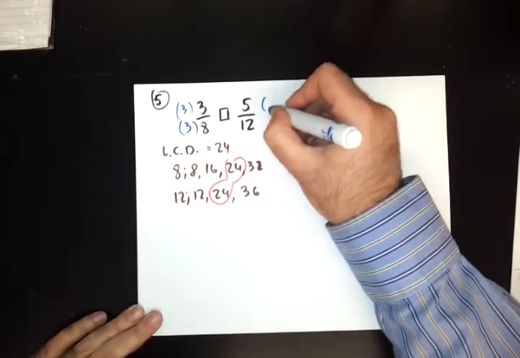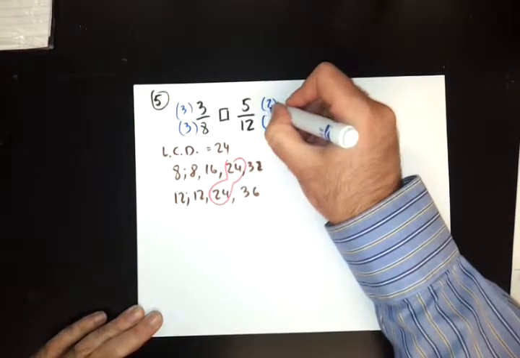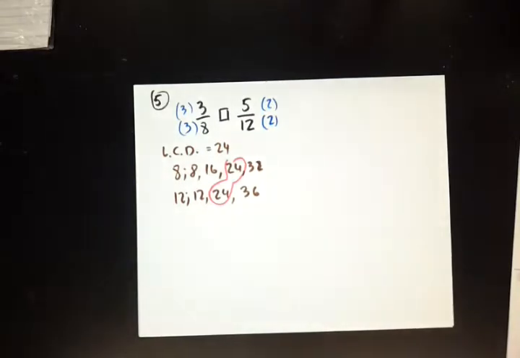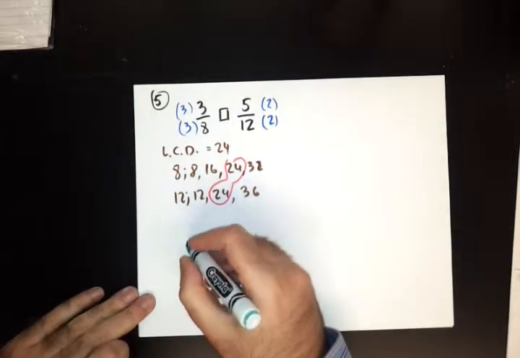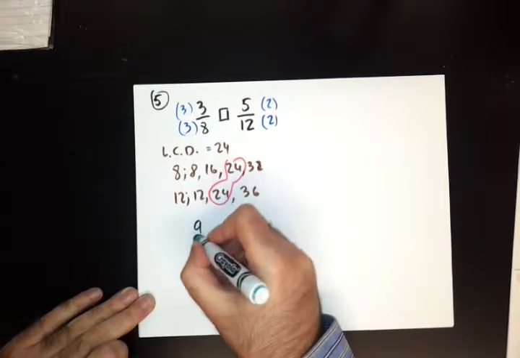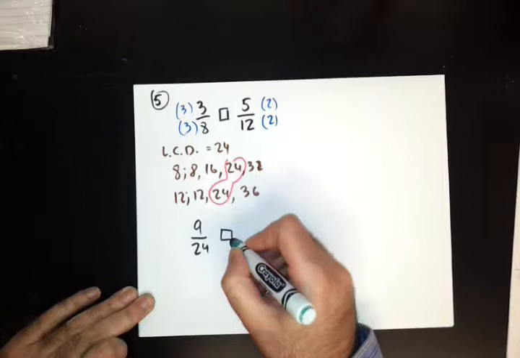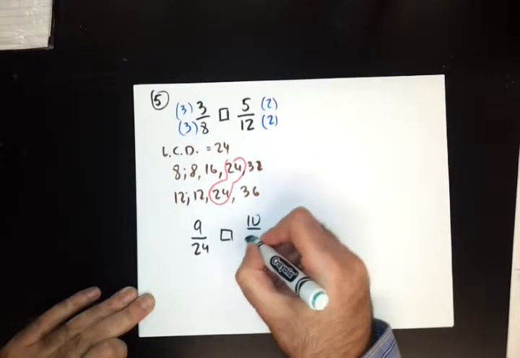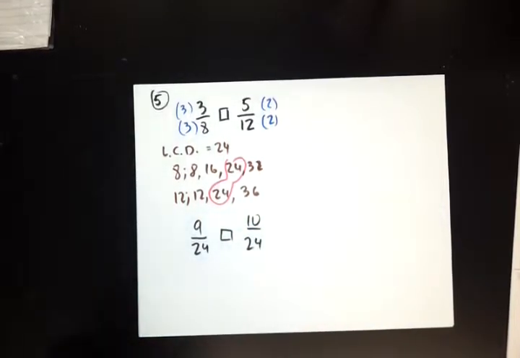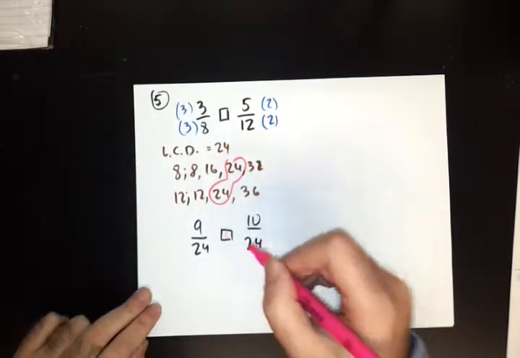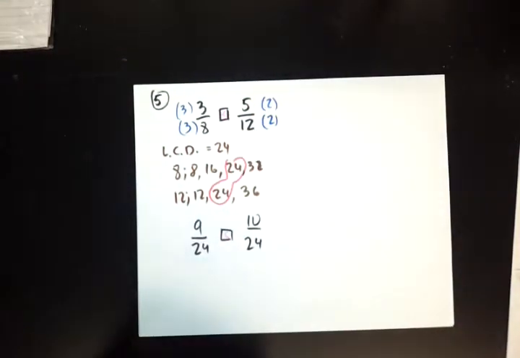I want to multiply the second fraction by 2, because 2 times 12 gives me 24. And my two modified fractions are going to be 9 over 24 and 10 over 24. Very easy to see which one's larger now. The 10 is larger than the 9. Alright, 6 is next.